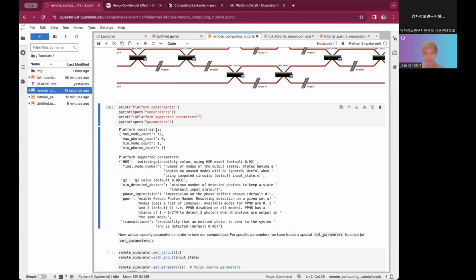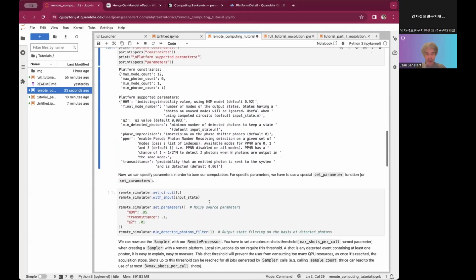I have some parameters, and that is the difference. Since it's a simulator, it has some embedded noise, but you can change the noise if you want. By default, it will have 92 HOM, 0.3% G2, and so on. You can change them, or you can just leave them as they are by default, and it will behave like the real QPU.